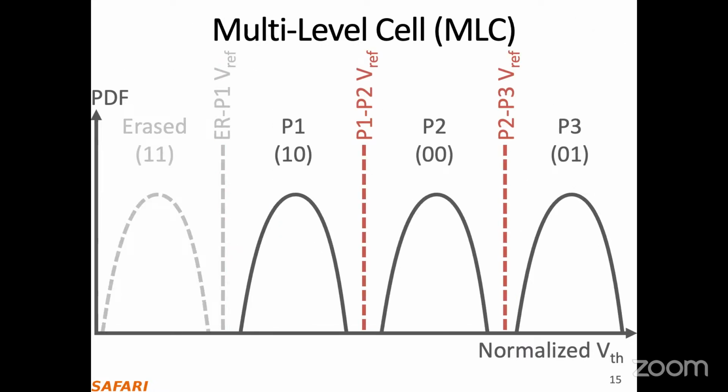I'd like to show here that when we erase, the basic state of your flash cells is erased, and when you erase it, you are in the state of 1-1. You really can encode these states the way that you want. For each flash chip, you should have a contract with the flash controller.